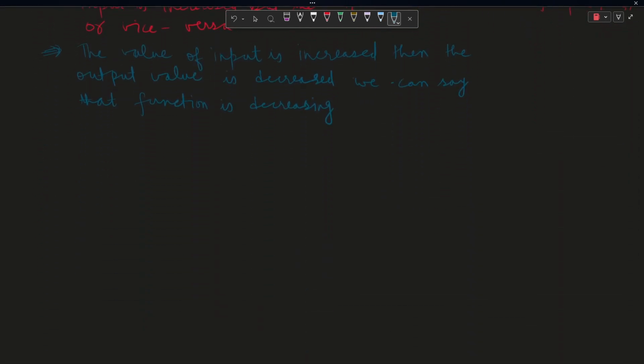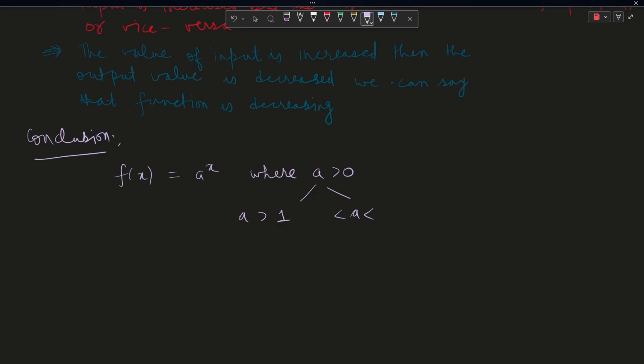So what conclusion can be made from this? What can be concluded is that for an exponential function, f of x is a to the power x, where a is greater than 0. And in this, we are considering two cases: when a is greater than 1, and when the value of a lies between 0 and 1.